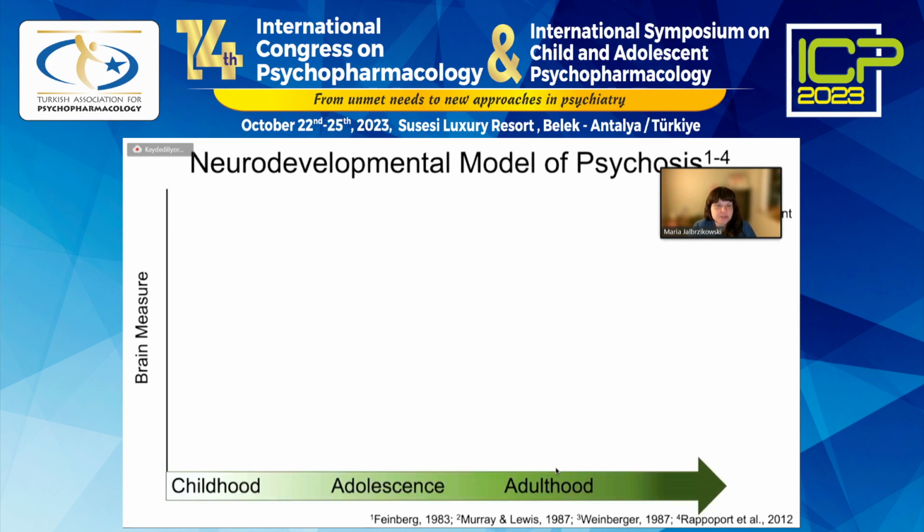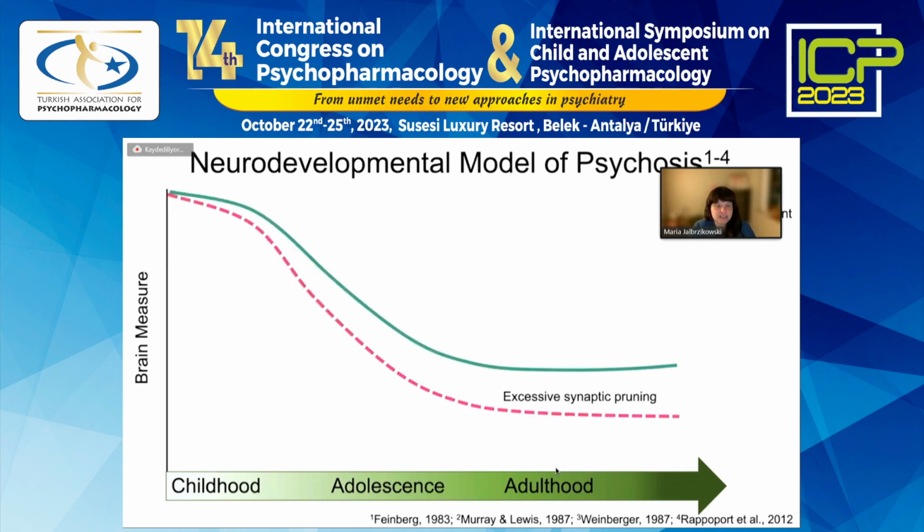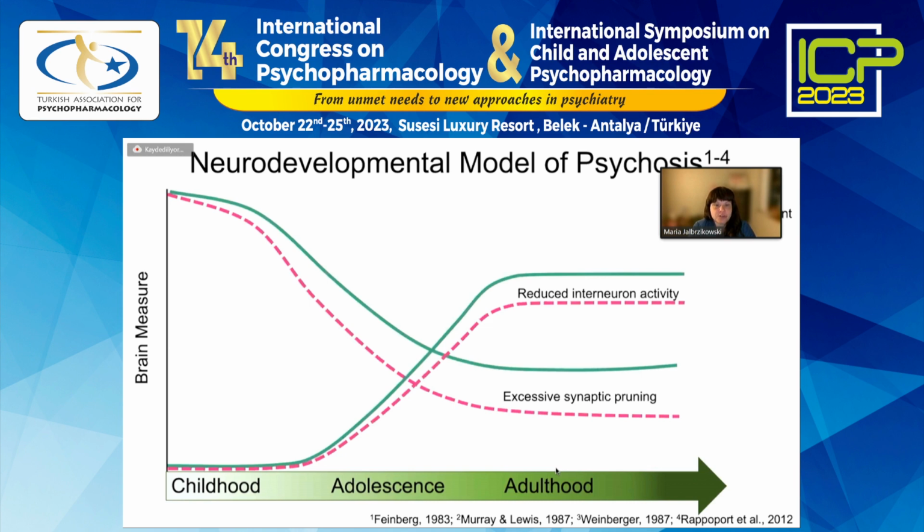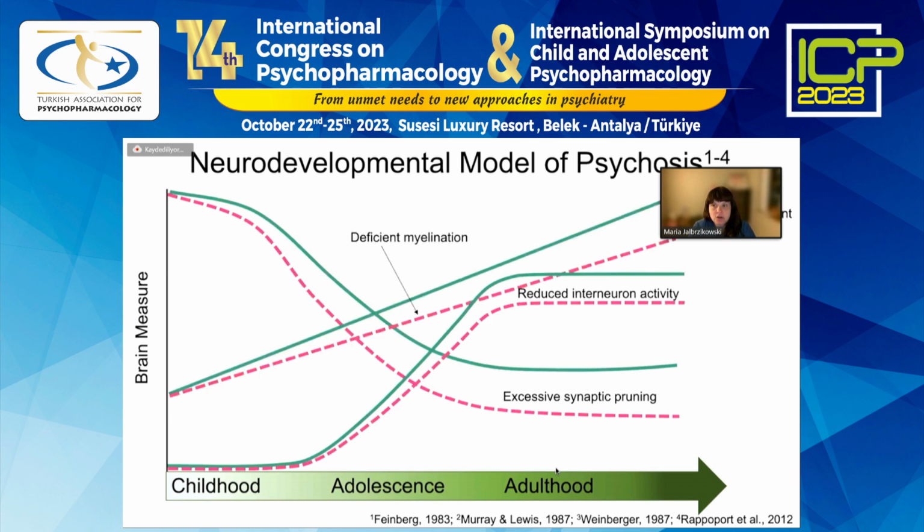Our lab's research is grounded in the neurodevelopmental model of psychosis, which was originally developed as the neurodevelopmental model of schizophrenia in the 1980s, and it's really evolved over time. Broadly speaking, it proposes that psychosis is due to a number of deviations from typical neurodevelopment, such as excessive synaptic pruning, reduced interneuron activity, and/or deficient myelination.